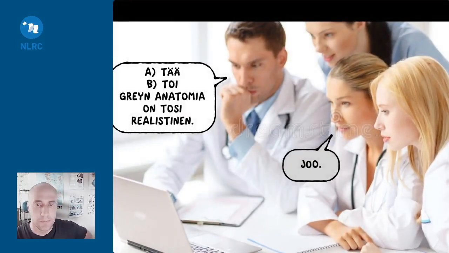Next up, people in the break room are watching Grey's Anatomy. Grey's Anatomy on tosi realistinen. Joo. Which one, A or B? I would say A since it's not shared, but it's something that the speaker is associated with. It doesn't exclude that the others could be associated with it as well.